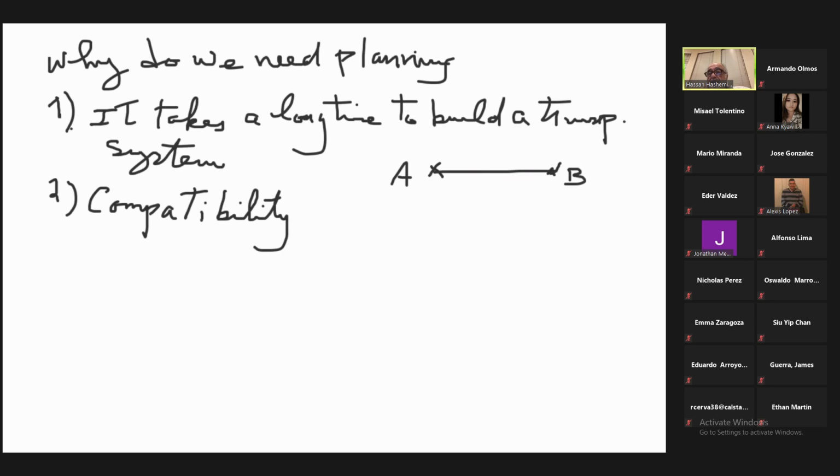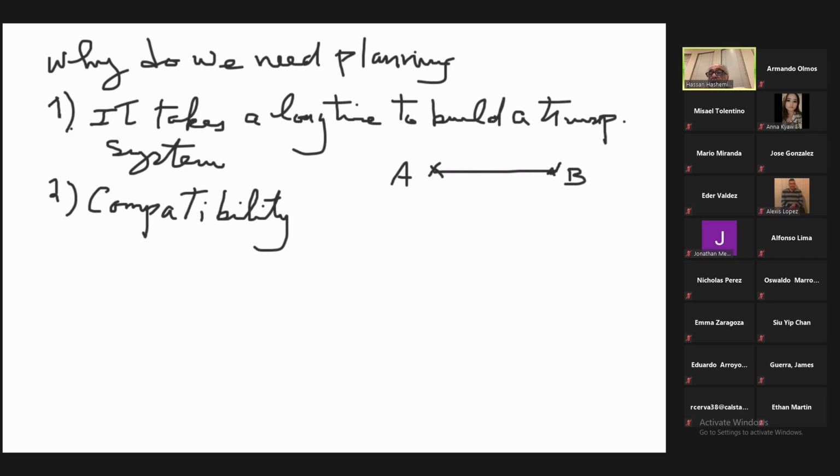I have to make sure that the elevators and escalators have enough capacity for people to move from one point to another in the airport. I have to make sure that there are enough parking spaces available for people to park and go.